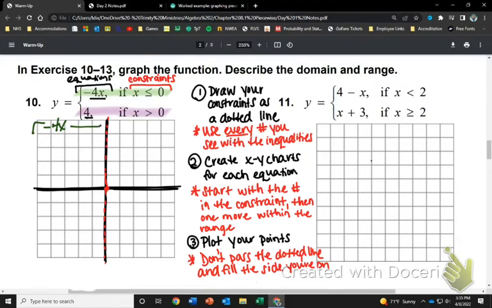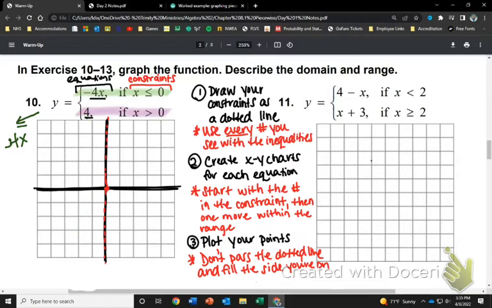I would fill in this area. Another way you can think about it is that the inequality is pointing to the left. So our information, the negative 4x equation, should be on the left-hand side of our constraint line. It doesn't matter to me how you think about it, but just know that your information should fill in this area here.